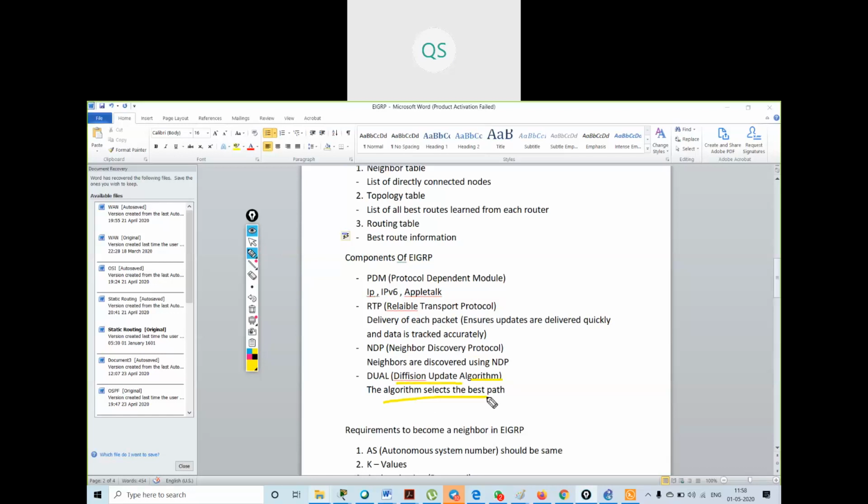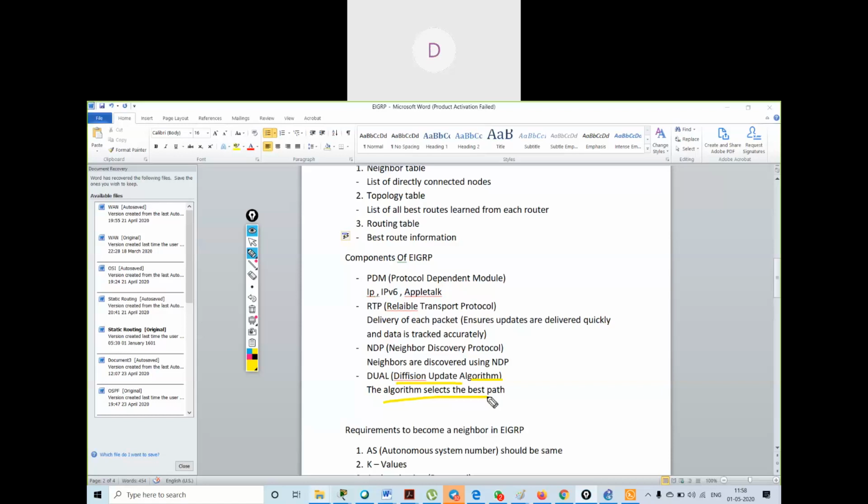So for EIGRP, you don't need to configure CDP neighbors, because you have a neighbor table already.